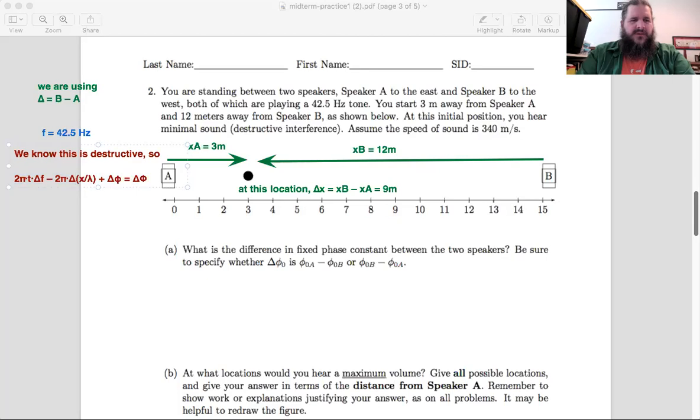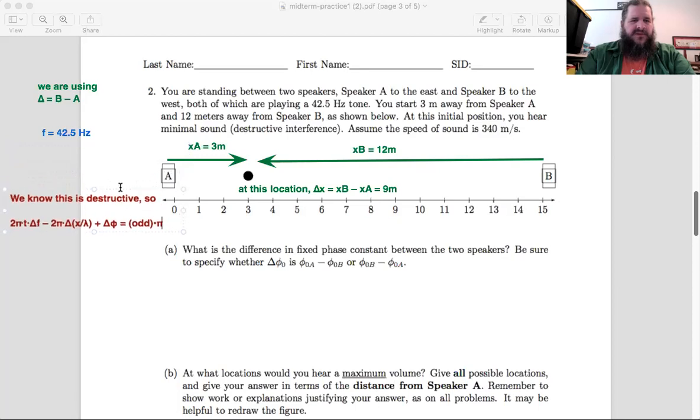We've got the time and frequency term, the position and wavelength term, or really distance traveled in wavelengths, since X is about distance traveled, and possibly a delta phase shift term. And we know delta total phase must be an odd number times pi, or 2n plus 1 times pi, because it's destructive. So that's something and a half complete cycles.